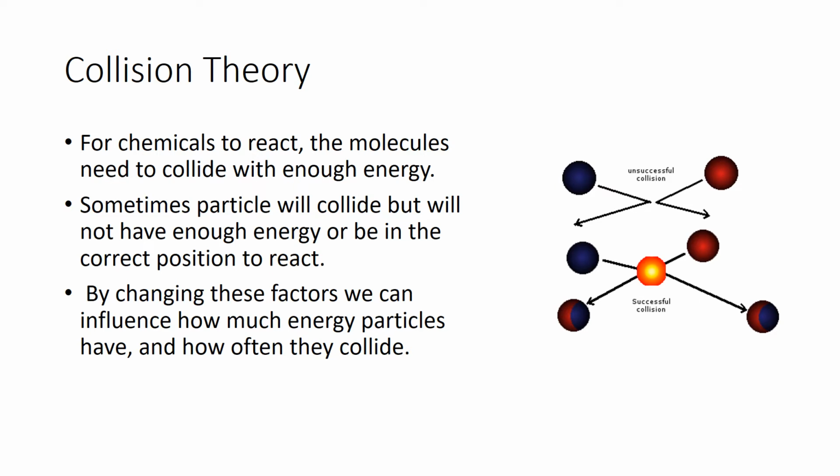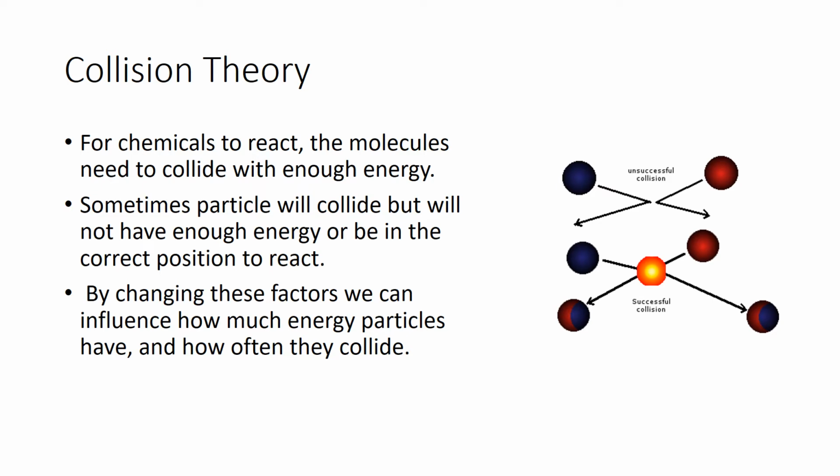Now there are some conditions chemicals need in order to react when they collide. The molecules need to collide with enough energy. If two particles collide but haven't got enough energy to react, no reaction is going to happen. Also, some particles need to be in the correct orientation, or correct position, for a reaction to occur.